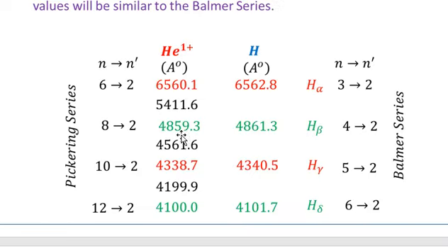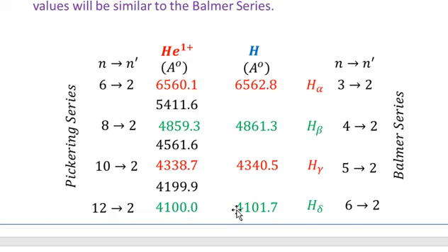Again, you will notice that there is a small reduction in the value of the wavelength obtained from the helium singly ionized atom. The next wavelength shown in the red for the H gamma line from the Balmer series is 4340.5, whereas the same wavelength emitted by the Pickering series is 4338.7. Again, you will notice that the wavelengths are fairly close to each other, but there is a small reduction in the wavelength from the helium singly ionized atom.